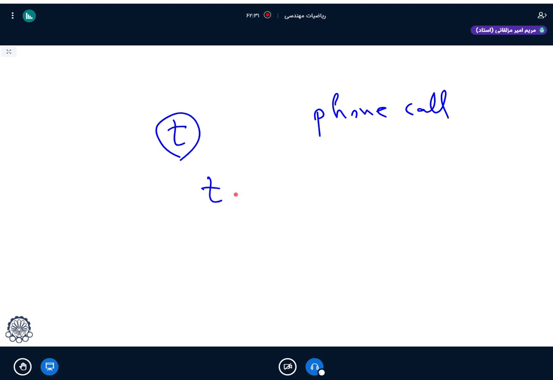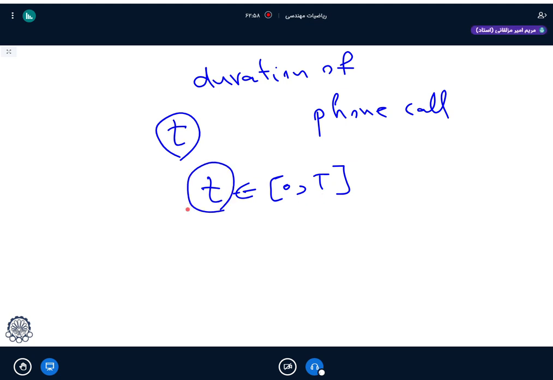Suppose that t may be in the interval of 0 to T. T is a random variable, the duration of a phone call, and it may be in the interval between 0 and T. Is it continuous or discrete?